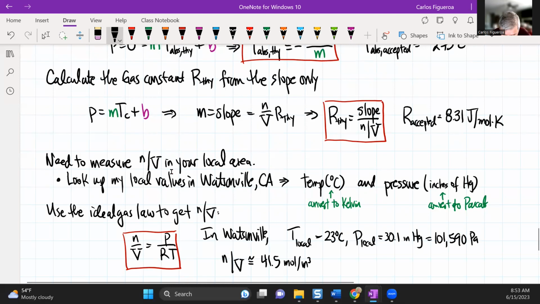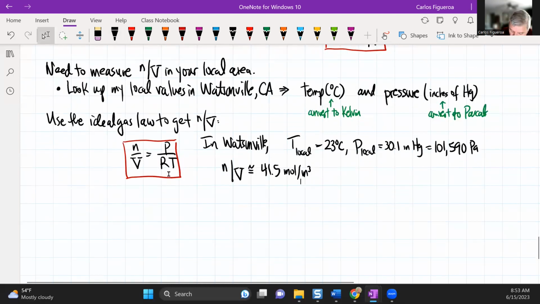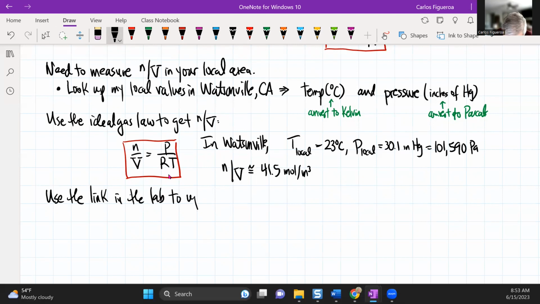That's my value. So now what you want to do here is use the link in the lab to upload your values into the class Google Sheet.